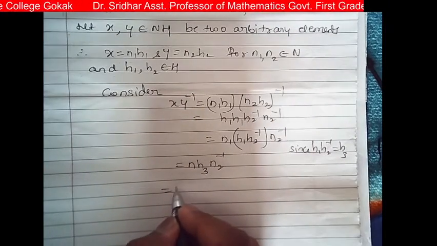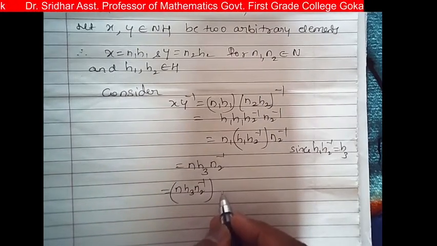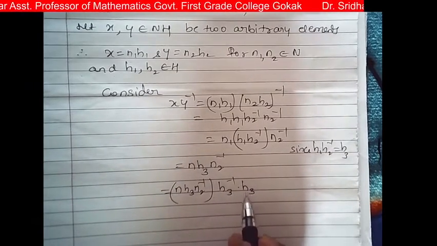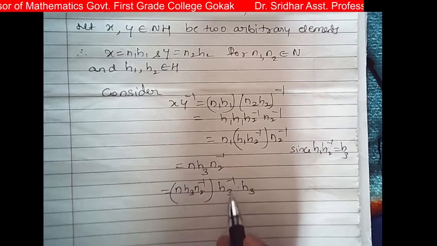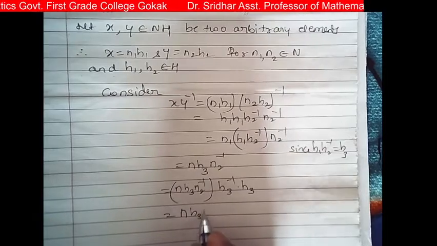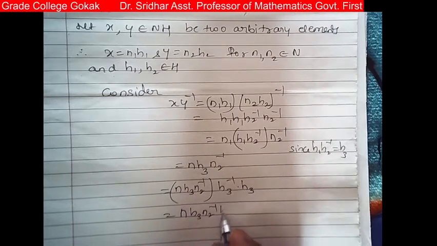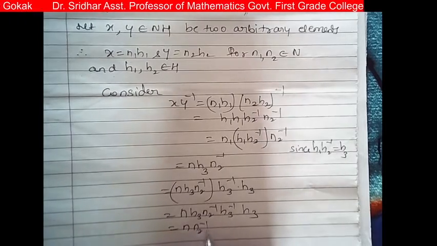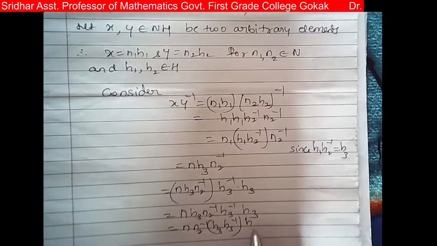Any element with its inverse gives the identity element e, so e can be written as h3 inverse into h3. So this is n1 h3 n2 inverse h3 inverse h3.